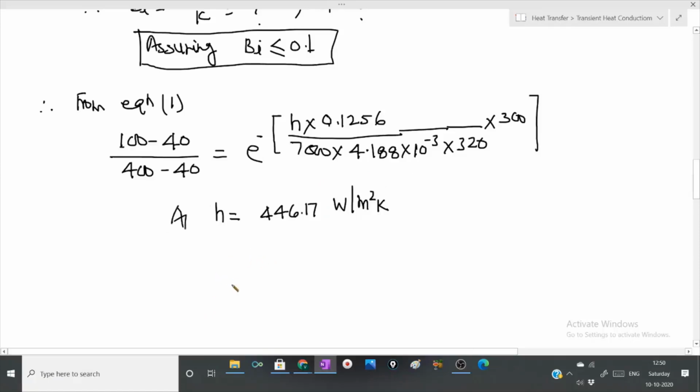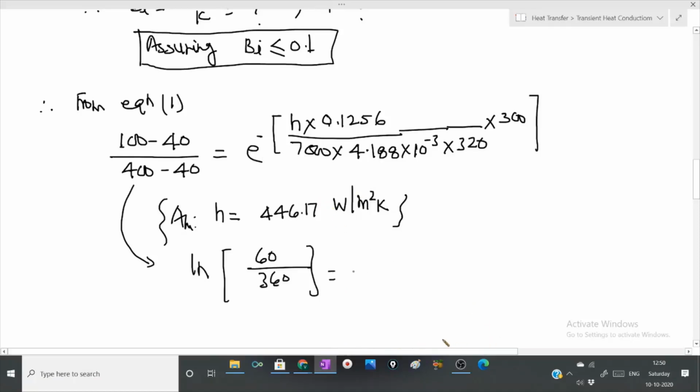This is the final answer, but in between there are so many steps. Take the log of both the sides. So this will become 60 over 360, and when you take the log of e it is 1.